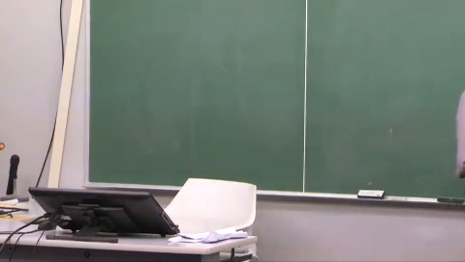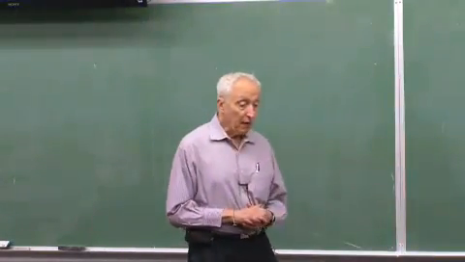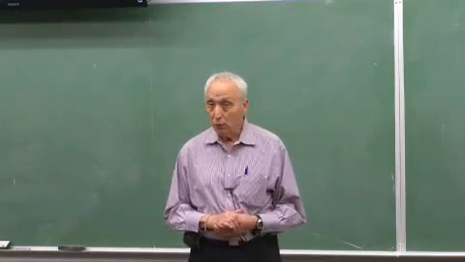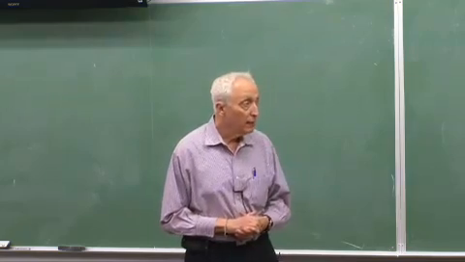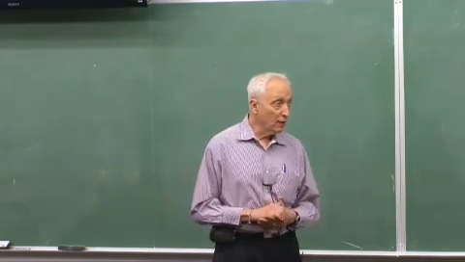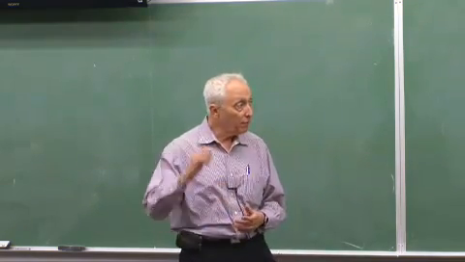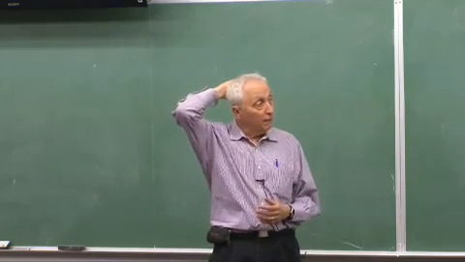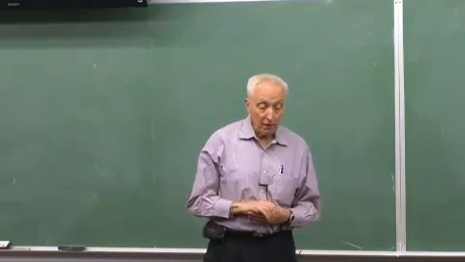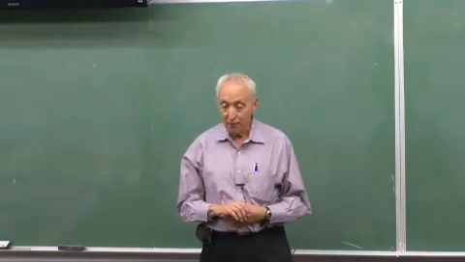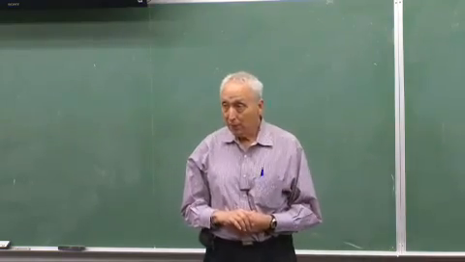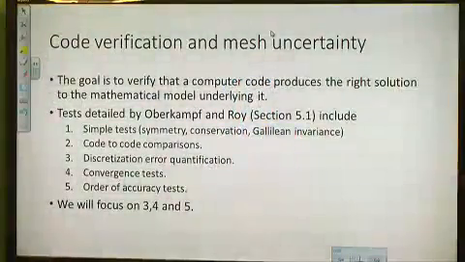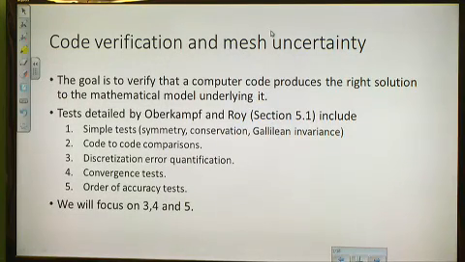Oberkampf and Roy detailed some simple tests that you can do to verify a code, like symmetry, conservation, Galilean invariance. Symmetry is sometimes tricky. Normally you would expect that if you apply symmetric loading and symmetric boundary conditions, you'll get a symmetric solution.